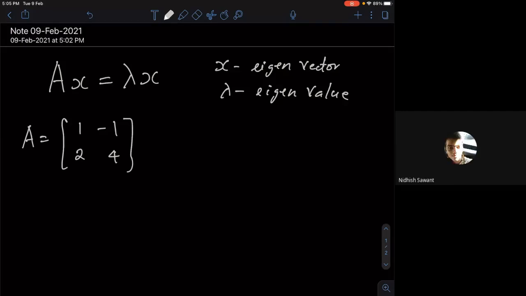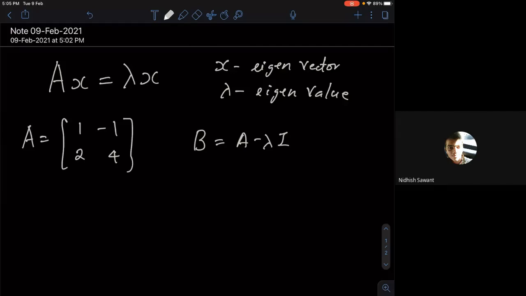So we write another matrix B, which is A minus lambda I. And then, since this B comes from the equation Bx equal to 0, the determinant of B should be 0.